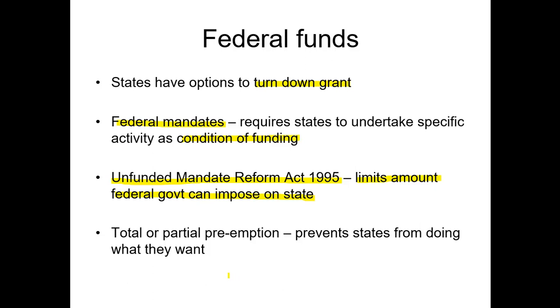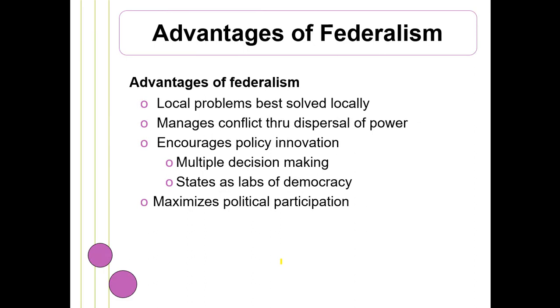And so this concept of total or partial preemption prevents states from doing just whatever they want. We still have to have some sort of national direction. That's what the federal government and the president's agenda, Congress legislates, things like that.